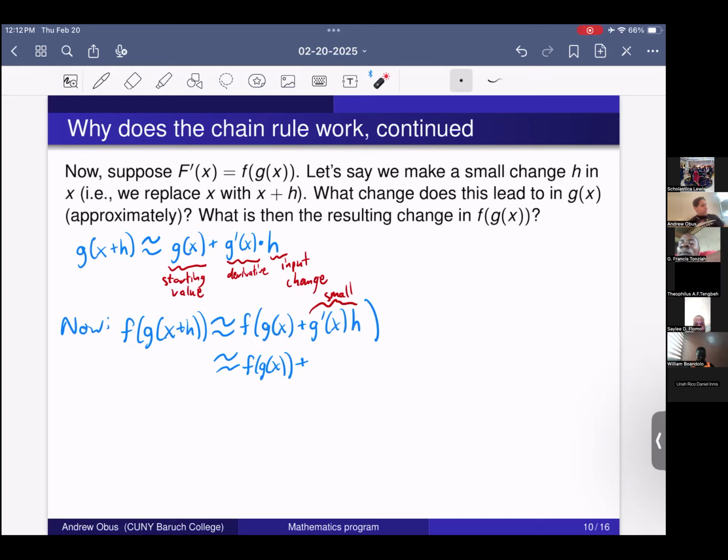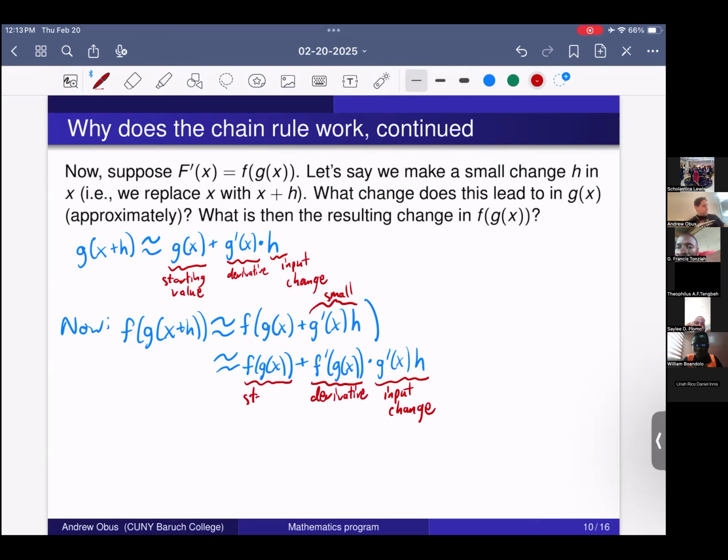So we have the derivative of f at g of x, times the input change. And the input change here is g prime of x h. So this over here is the input change, and this over here is the derivative, and this over here is the starting value.